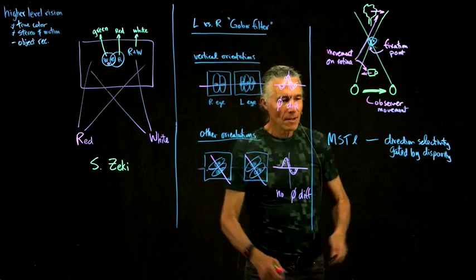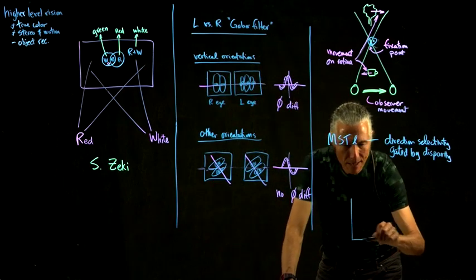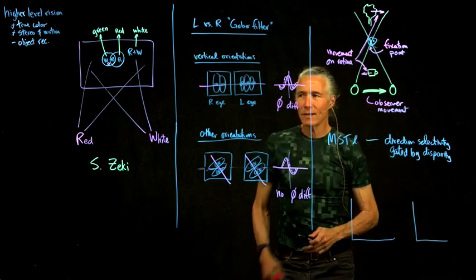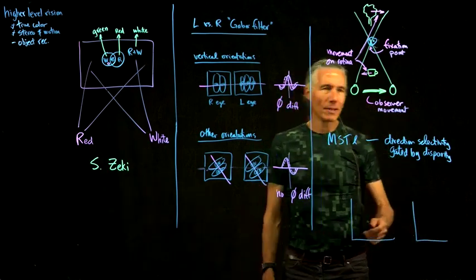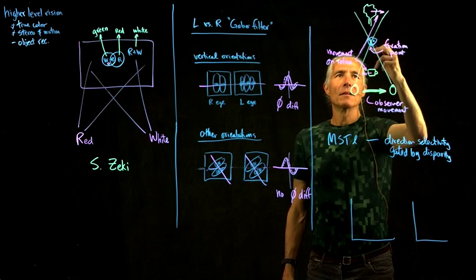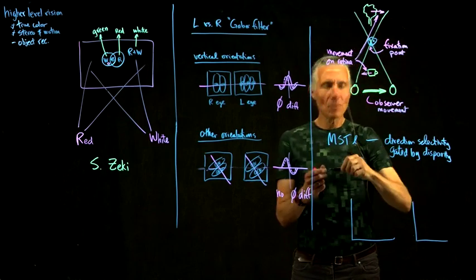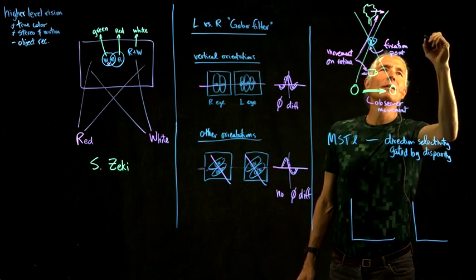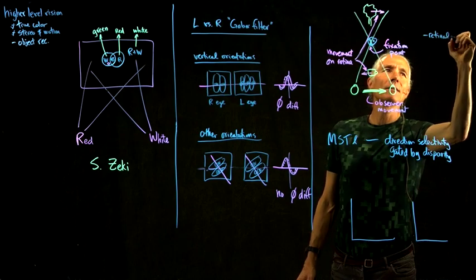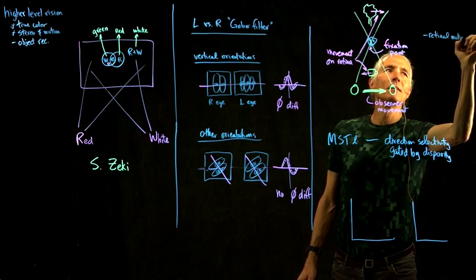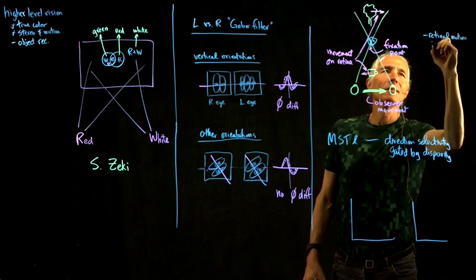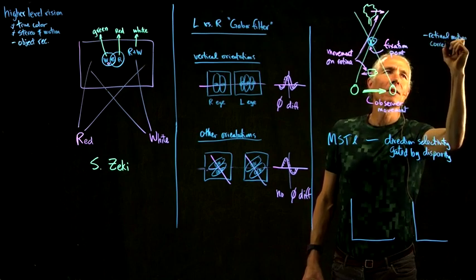What you can find is a neuron that will actually change its direction selectivity dependent on disparity, which is exactly what's going on here. If I boil it down, retinal motion is correlated with depth.